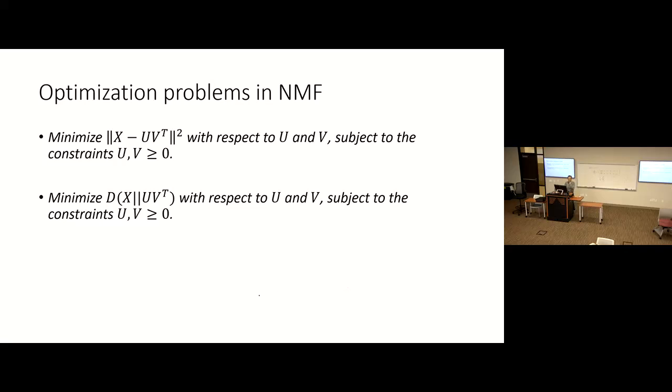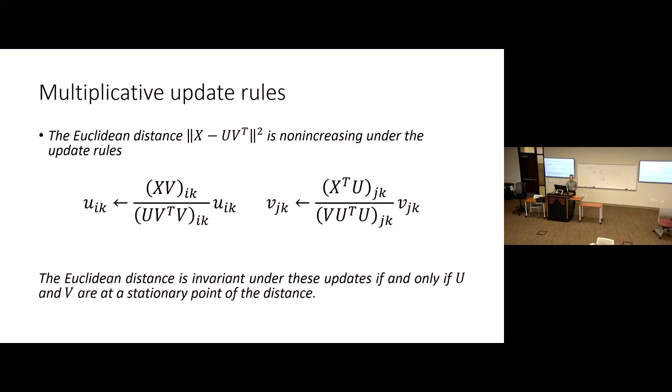So this is a problem, and one is by distance, another is by divergence. They are the same, okay? Just a different expression. So this is the update that I just described, the algorithm used to update the elements in the U, for example.